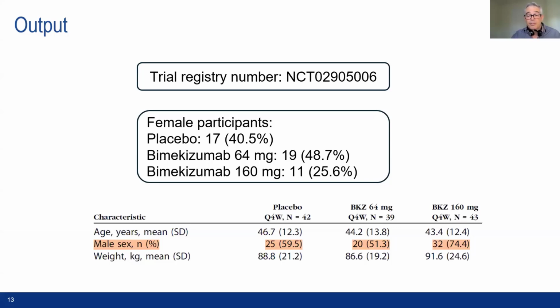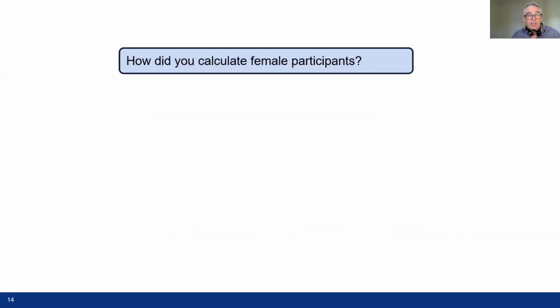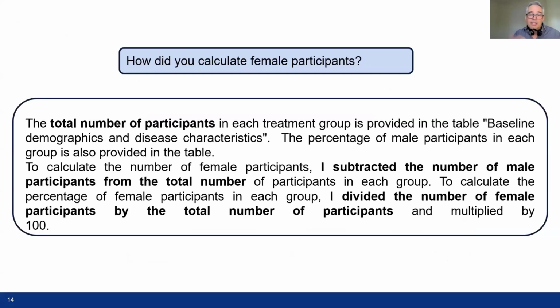And so we went back and asked Claude, how did you get there? How did you calculate the number of female participants? And it gave us a very clear explanation. It said, I took the number of male participants from the table, and then I subtracted that from the total number of participants. And to calculate the percentages, I divided the number of female participants by the total number and multiplied by 100.